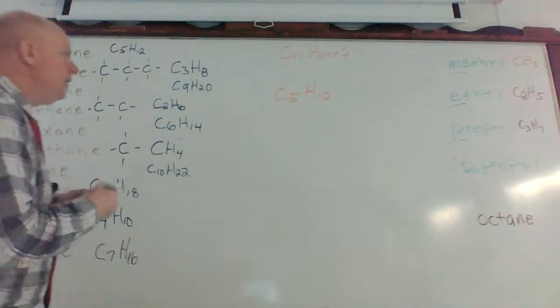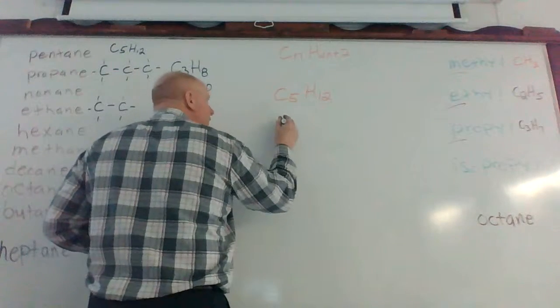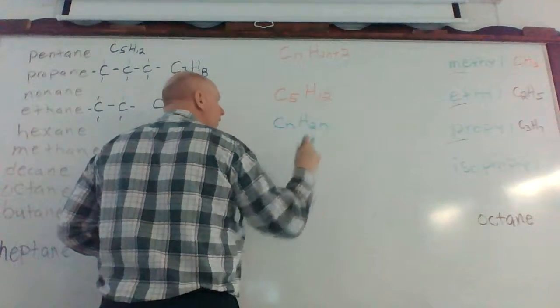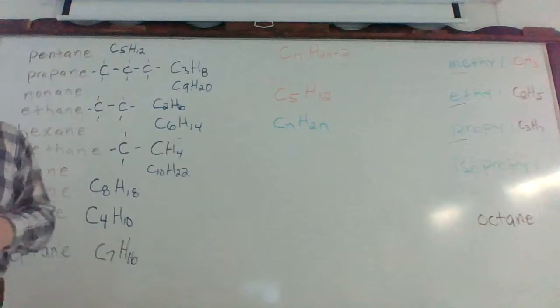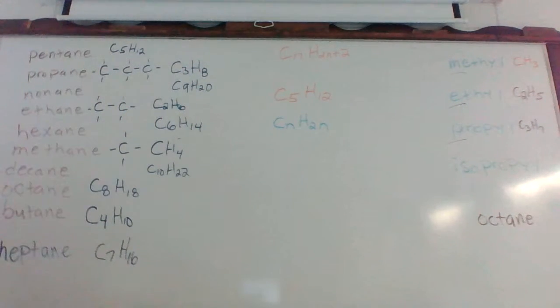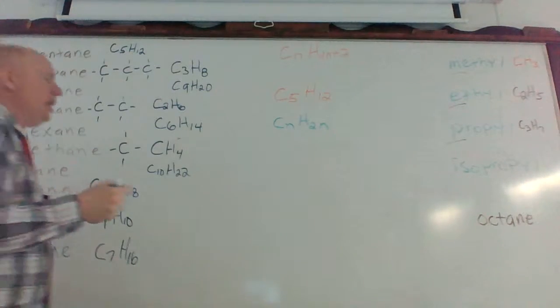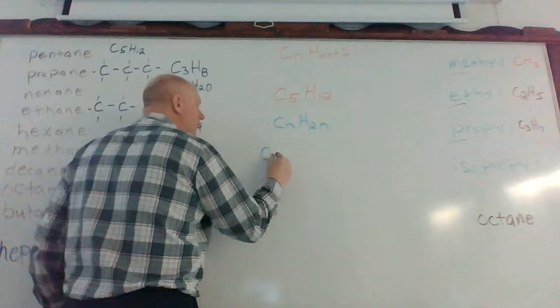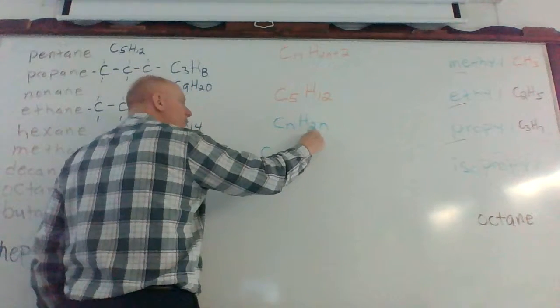So if we have something called CnH2n, we can't say 1, we can say 2, so we'll pick a number between 2 and 10. If we put 3 in for n, how many hydrogens will that be?